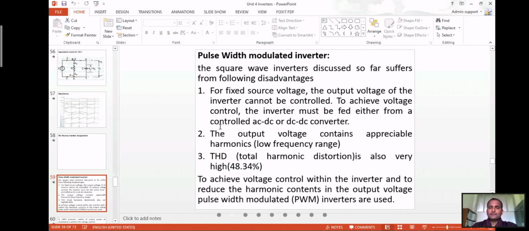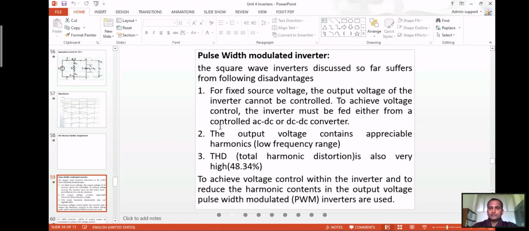The disadvantage is that for a fixed source, the output voltage of the inverter cannot be controlled. You have a fixed source input, but the output has to be controlled. Now, how do we control this output? You require an additional circuit to control the output.